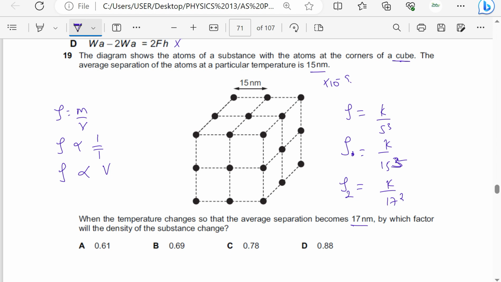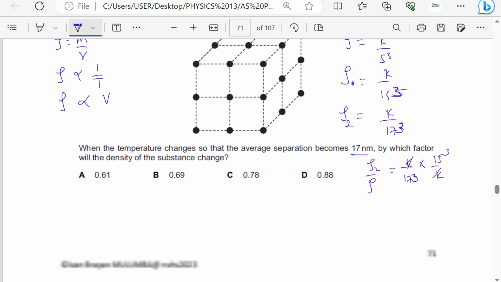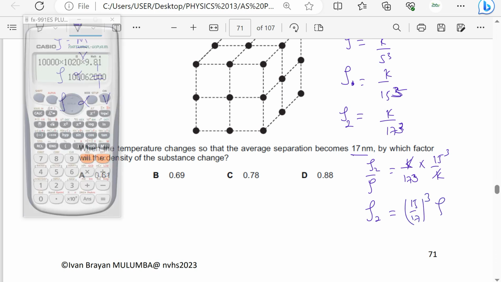So when I combine the two, I'm going to divide the two. So rho 2 divided by rho is going to be equal to K over 17 cubed times, I get the reciprocal, 15 cubed over K. So K cancels out. So it means that rho 2 is going to be equal to 15 over 17, power 3, times rho.